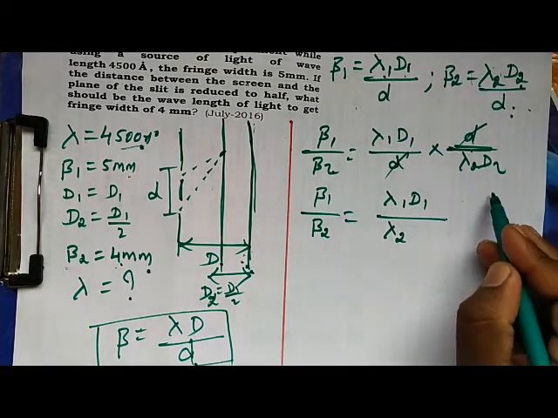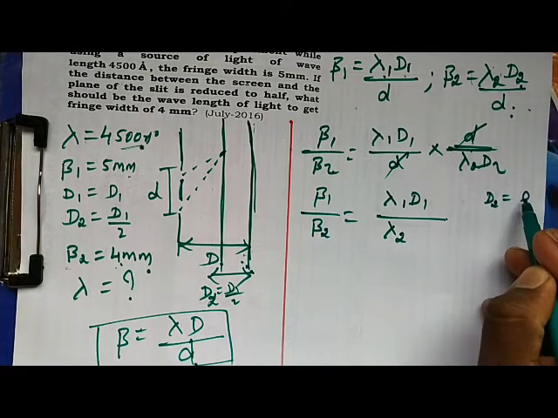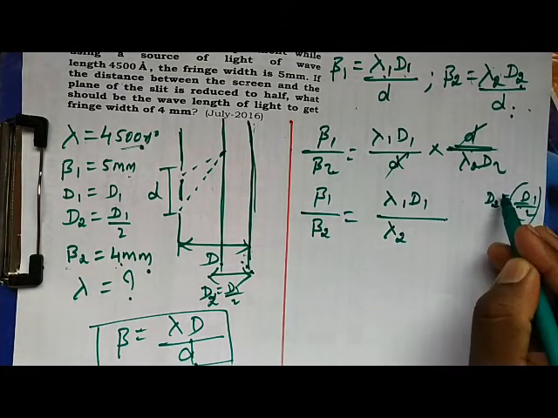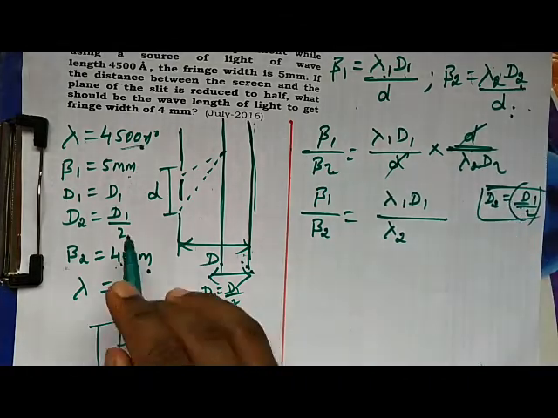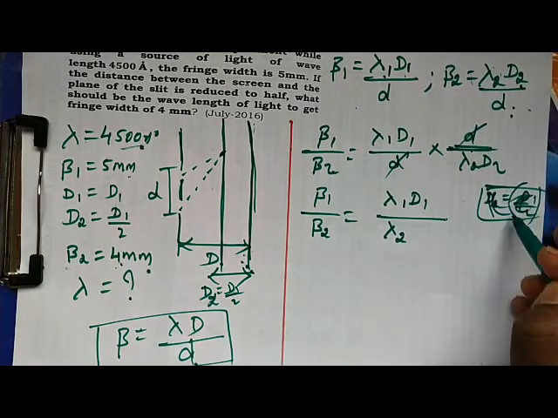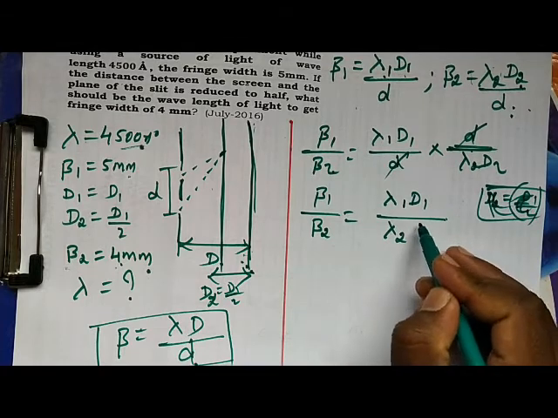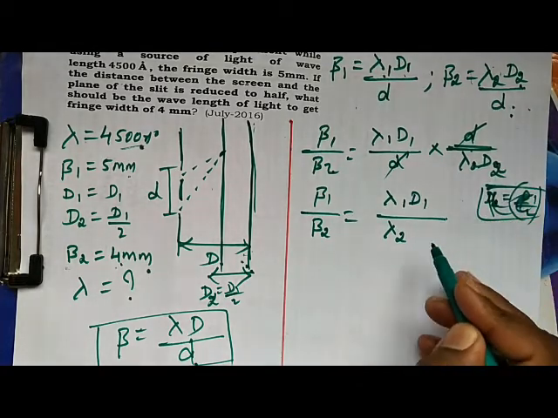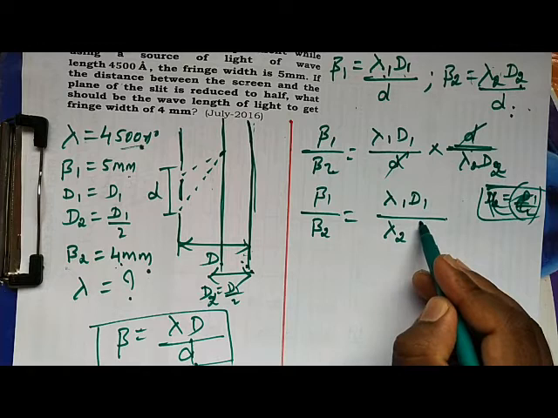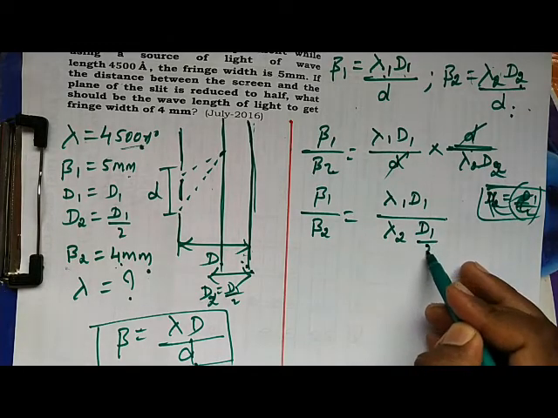This d2 can be written as, look here, d2 is equal to d1 divided by 2 as per the given data. So now this d2 I am going to write as d1 by 2.